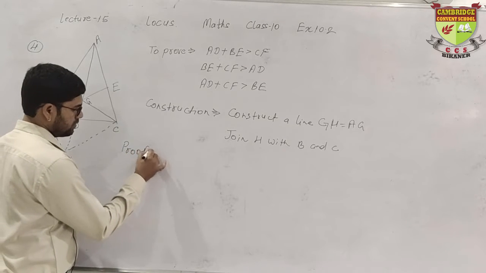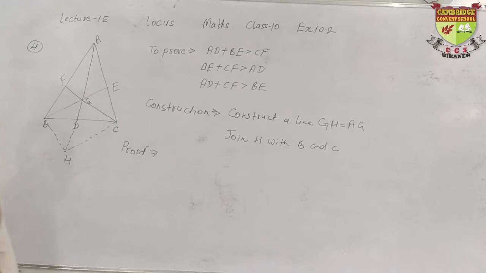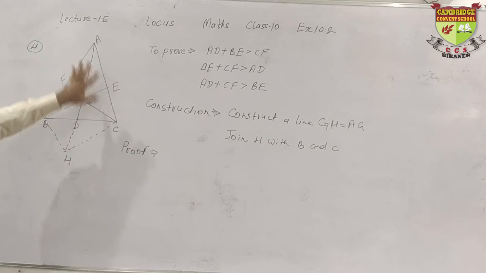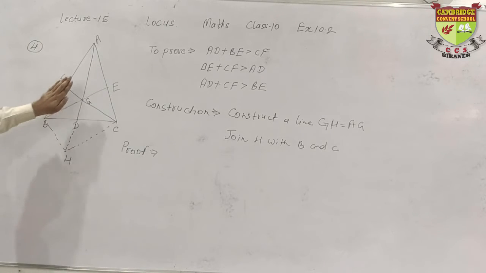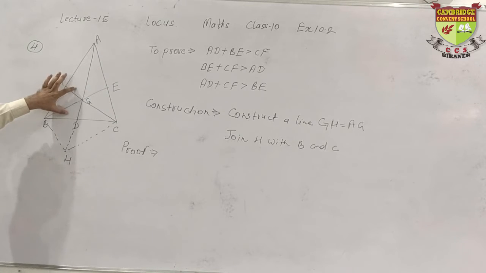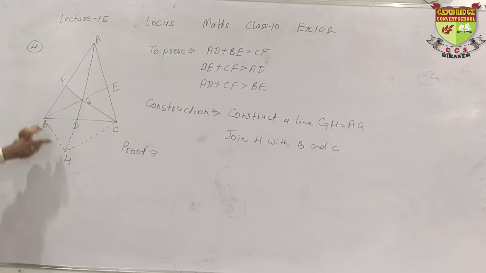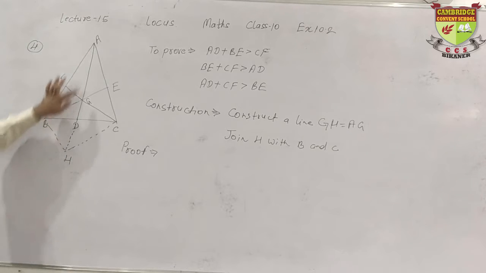So, proof. How will we prove this? See, this middle line divides this complete triangle into two parts. The first triangle is this, another triangle is this. What about the first triangle? The triangle ABH. I am talking about this triangle.